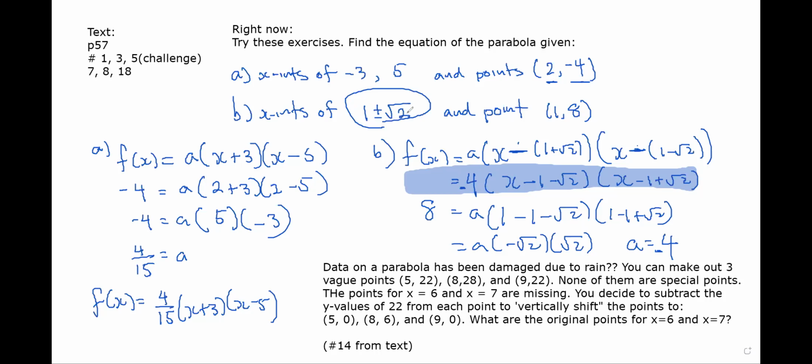Think about it. Here, let me rewrite it. 1 plus minus root 2 means it's this or that. Okay? So look. Remember, the formula is x minus r, x minus s. So they're both minuses.